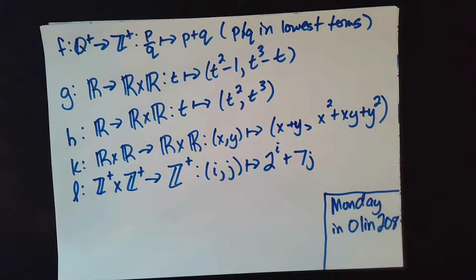I agree. H is the one that is 1-to-1. So let's first write down the proof that H is 1-to-1, and then we'll write down proofs that the others are not.